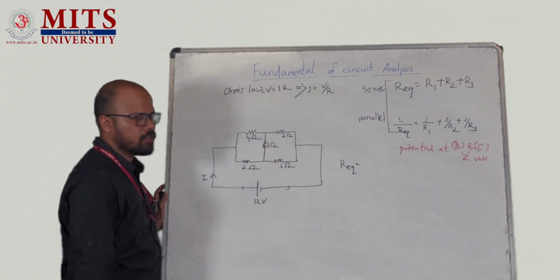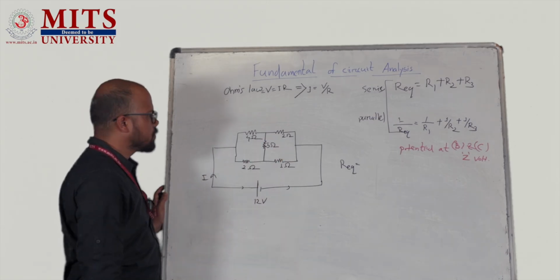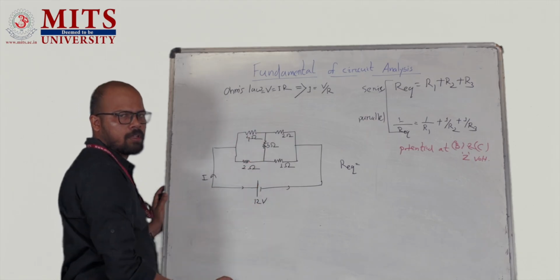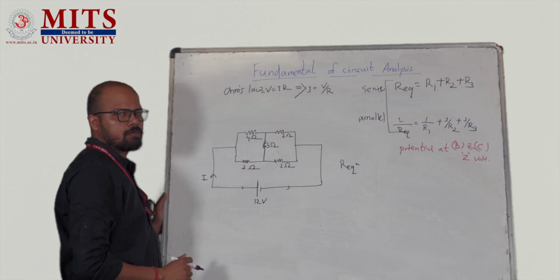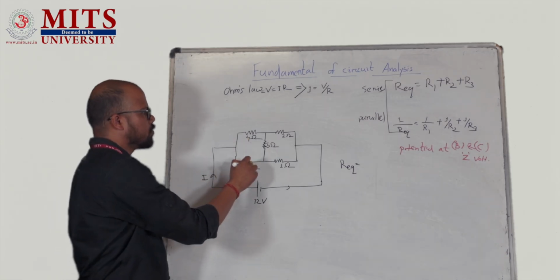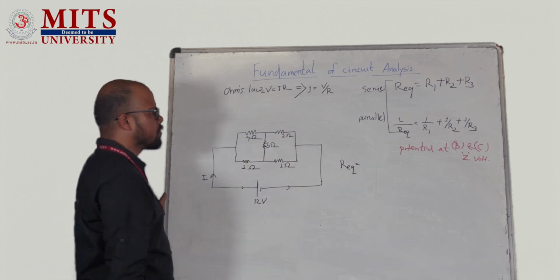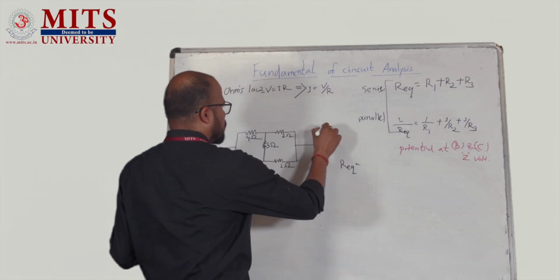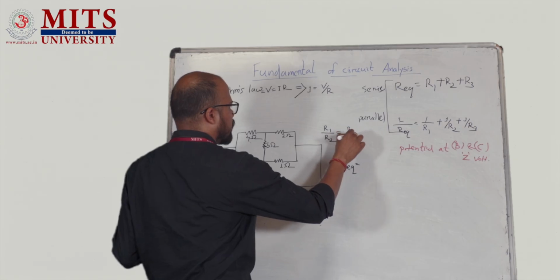How do we find the equivalent resistance in this case? If you see carefully, it is not in series, not in parallel either. Here we apply the Wheatstone bridge balance condition. Suppose this one is R1, this one is R2, this is R3, this is R4, this is R5. When the Wheatstone bridge is balanced, the condition is R1 by R2 equal to R3 by R4.